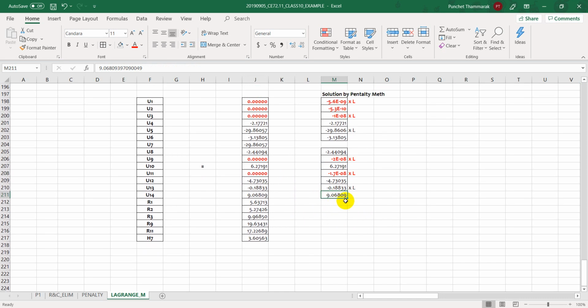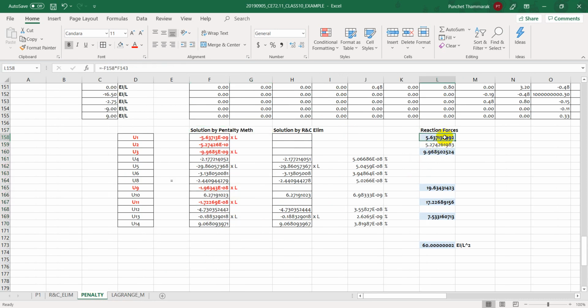What we have as a bonus from the Lagrange multiplier technique, you have all of these reactions. So why don't we just take a look here and maybe copy this reaction and put it there side by side.